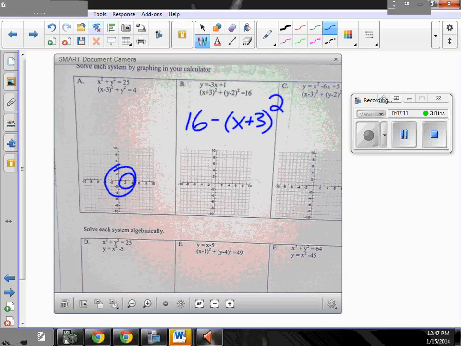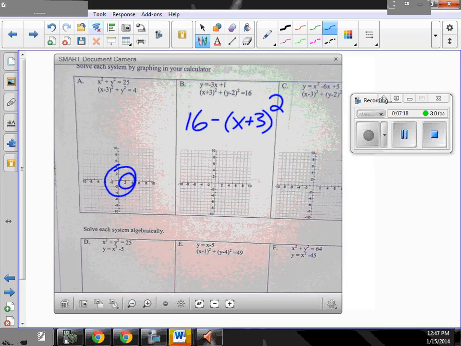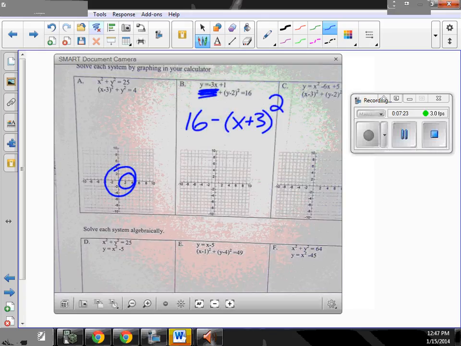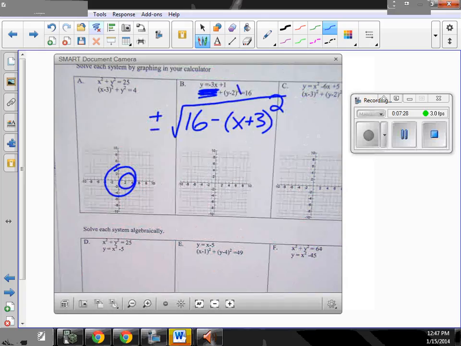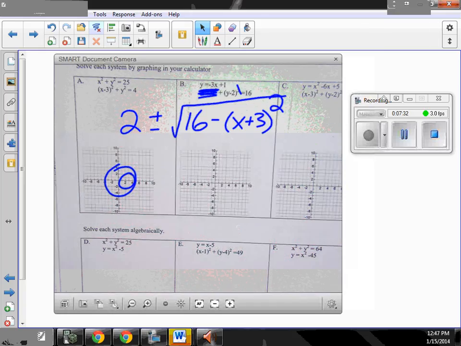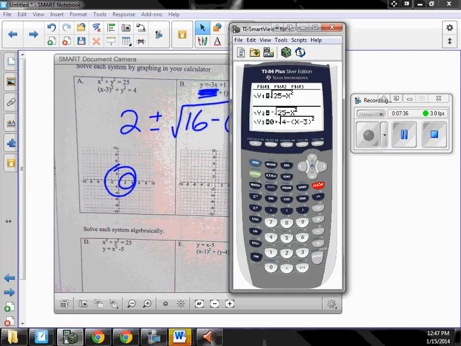The top one is a line. So we're finding the intersection of a line and a circle. But it's already in y equals form, so we're good. Now once I get rid of that, what do I do? Take the square root. So plus or minus the square root. And then we'll put a 2 in front. So we're going to graph a linear equation, negative 3x plus 1.